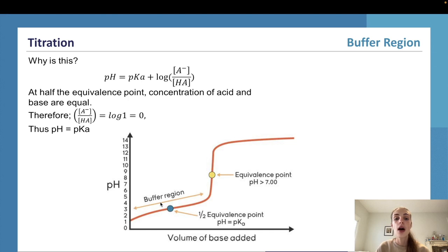And so this should be halfway in the buffer region. So at halfway to the equivalence point, or in the case of this particular titration, half the volume of the base being added, we would have pH equals pKa, and hence the concentration of acid and conjugate base would be equal.